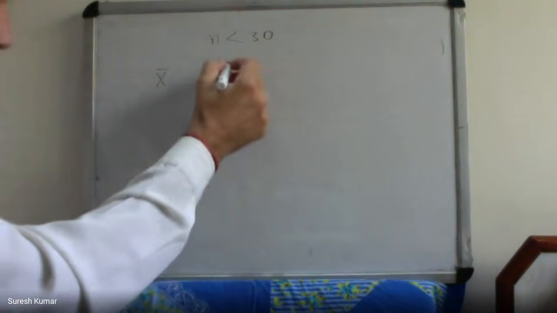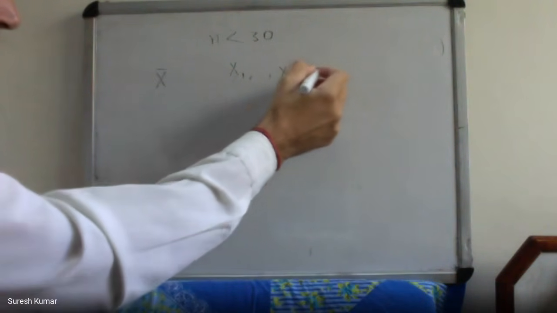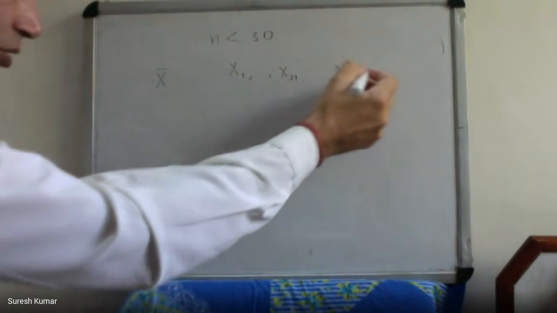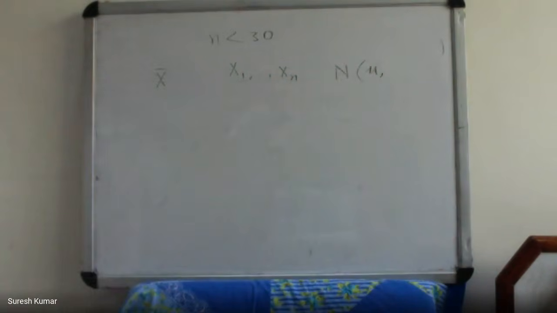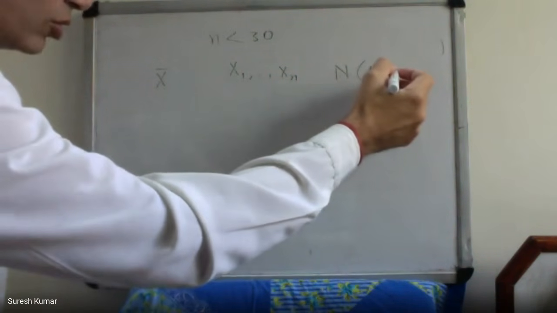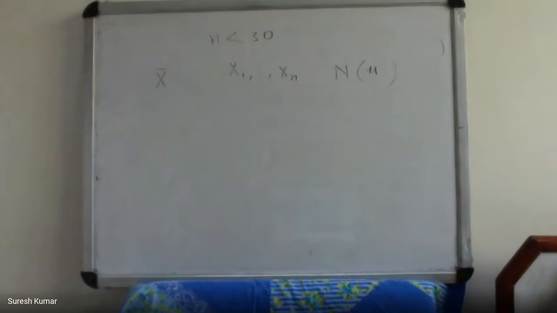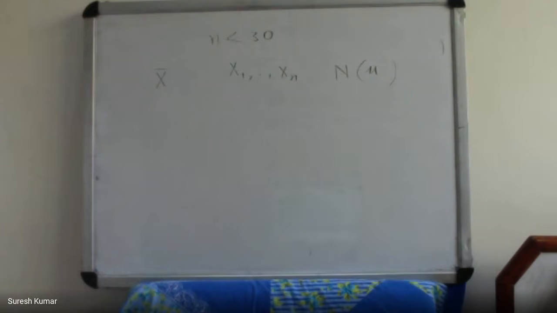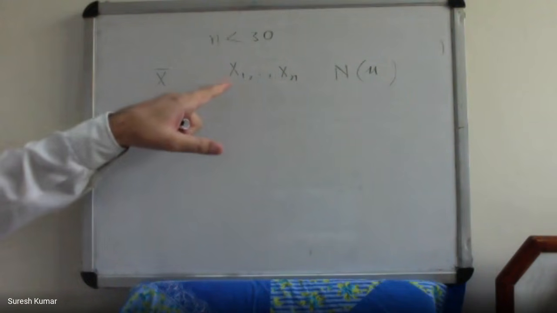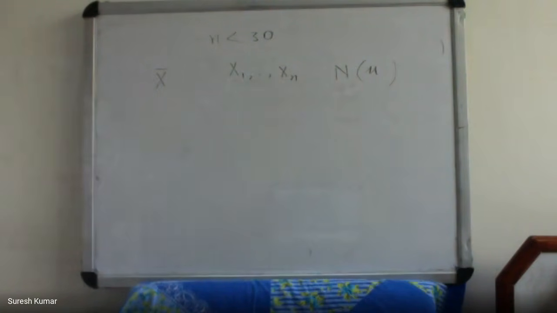Suppose the sample is taken from a normal population with mean mu and unknown variance. Because if the variance is known, then that case we have already done.